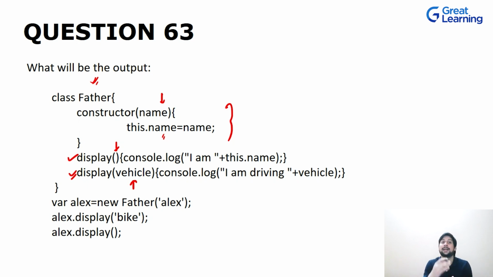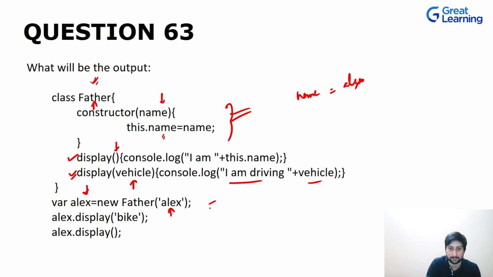But since it does not follow classic overloading, right? Classic overloading, let's see what happens. So you have this vehicle over here, and in this, I'm saying I am driving vehicle, which is this argument. Now, whenever we are creating an object of father, which is Alex, we are passing in the argument as Alex. So this constructor will be called and name will be set to Alex.